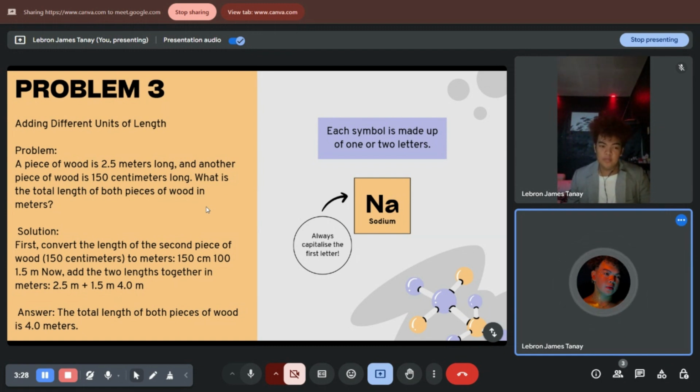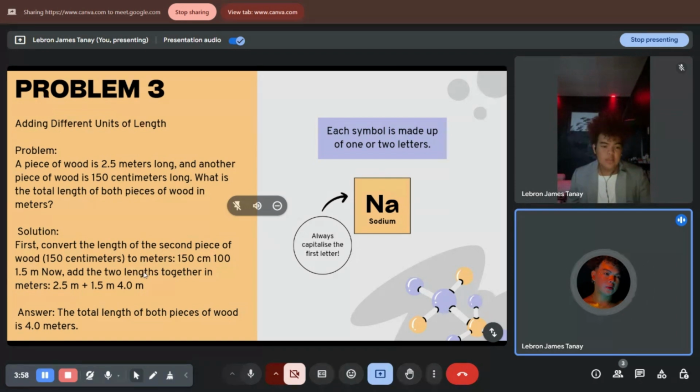So we convert 150 centimeters to meters, which is 1.5 meters.